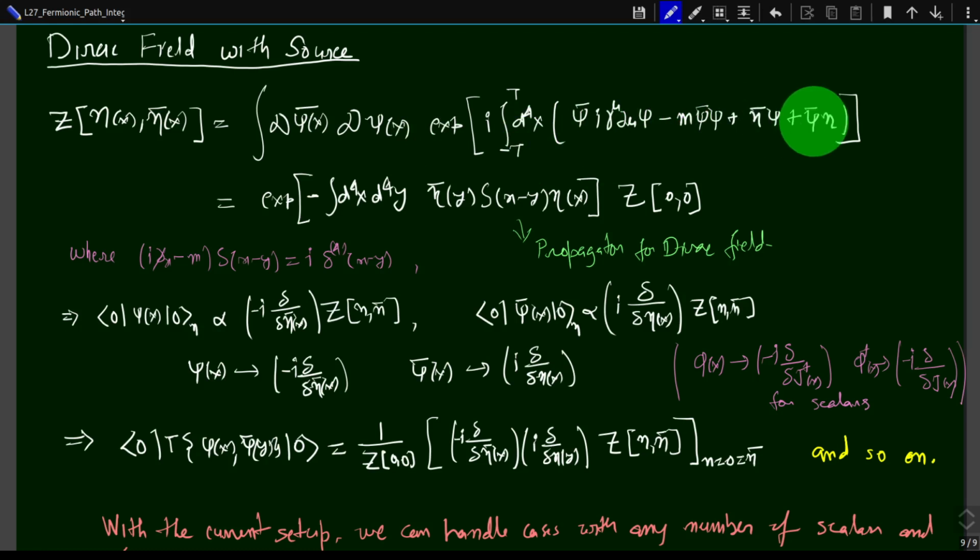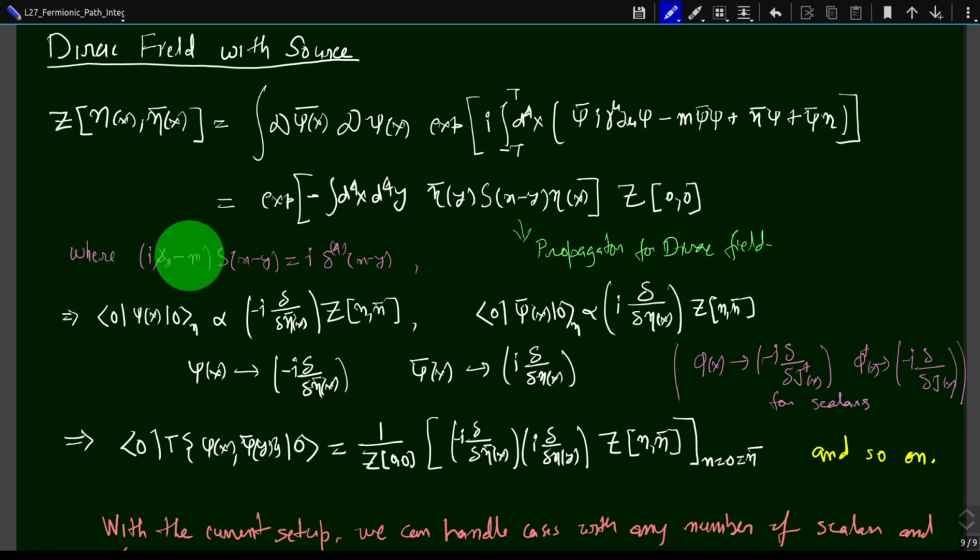These etas are introduced, and if I complete the square and do the change that we did in the previous case, I'll get exponential minus the integral d4x d4y of eta bar(y) S(x minus y) eta(x), multiplied by Z0[0]. This is the propagator for the Dirac field.